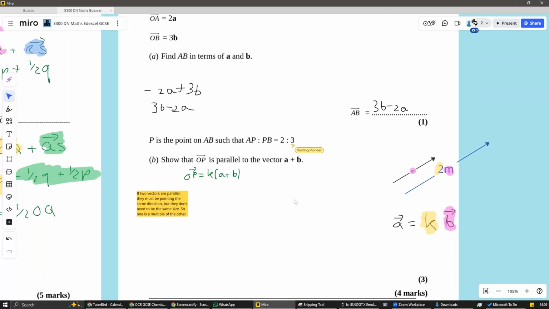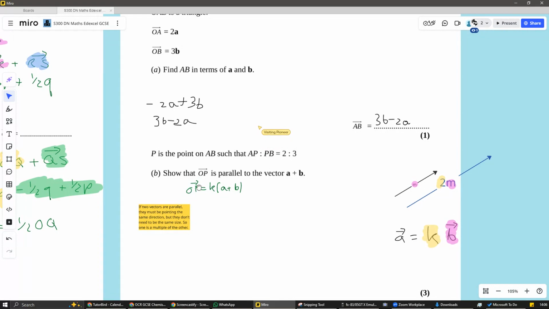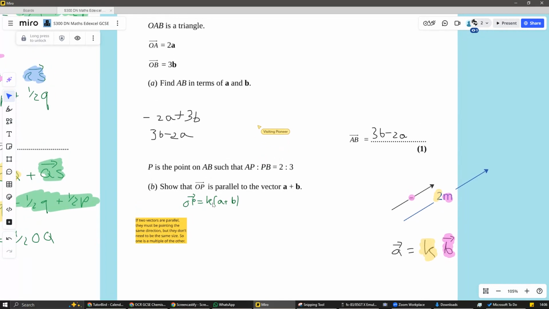So when we're trying to show that OP is parallel to vector A plus B, then we're looking for this to be the case. The vector OP is equal to some constant multiplied by A plus B. I coloured the yellow in as the constant.